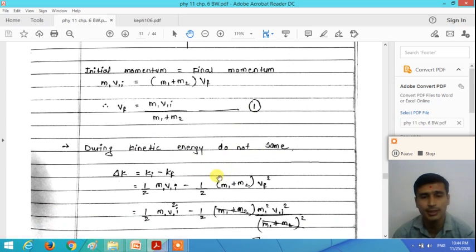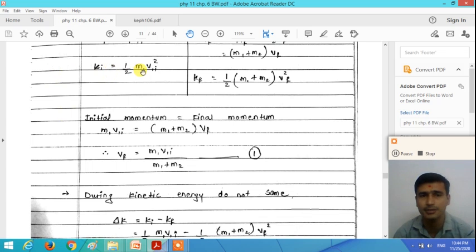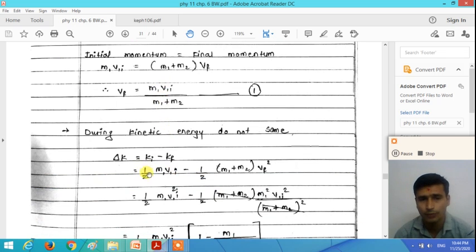So how can we find the change in the kinetic energy? Delta K is equal to Ki, the initial kinetic energy, minus Kf, the final kinetic energy. The initial kinetic energy, that means the kinetic energy before the collision, is 1/2 m1 v1i square, minus 1/2 (m1 plus m2) Vf square.